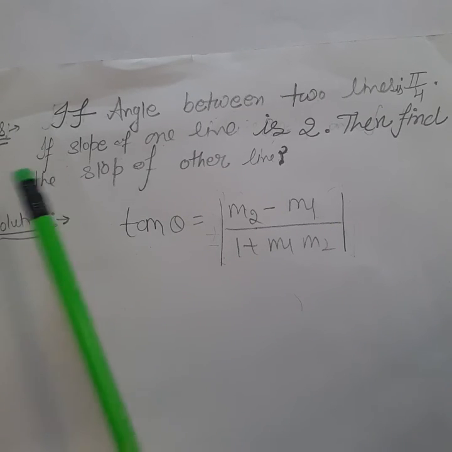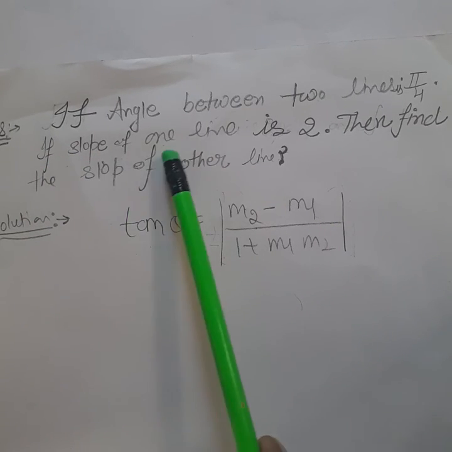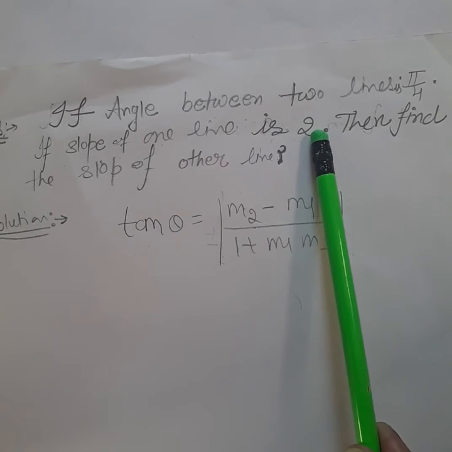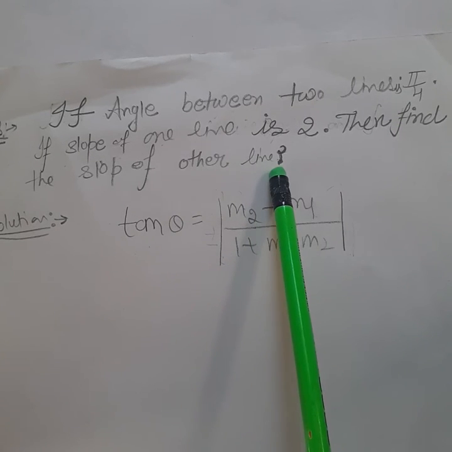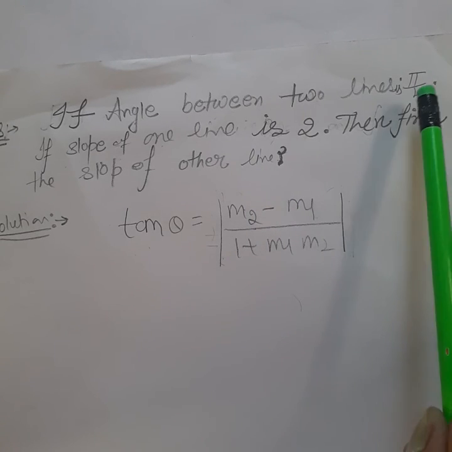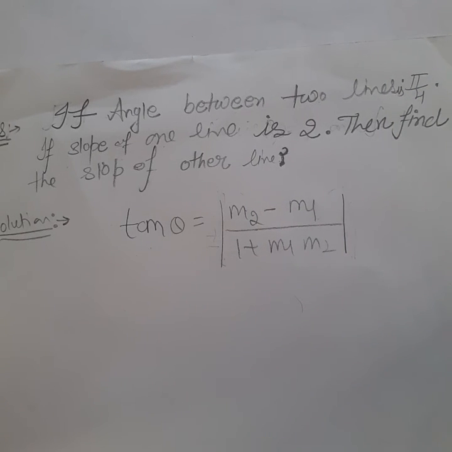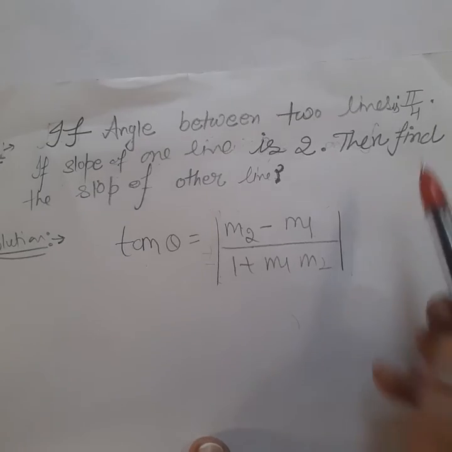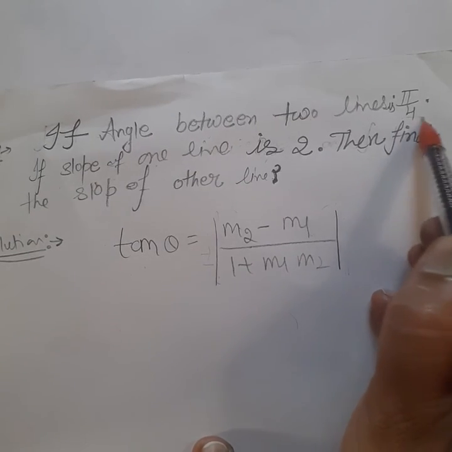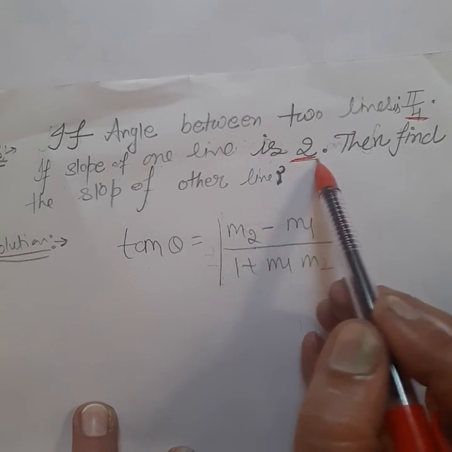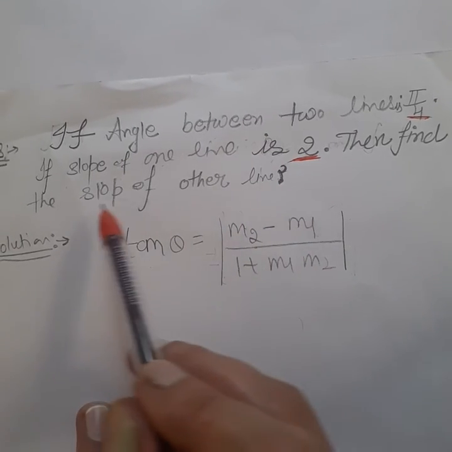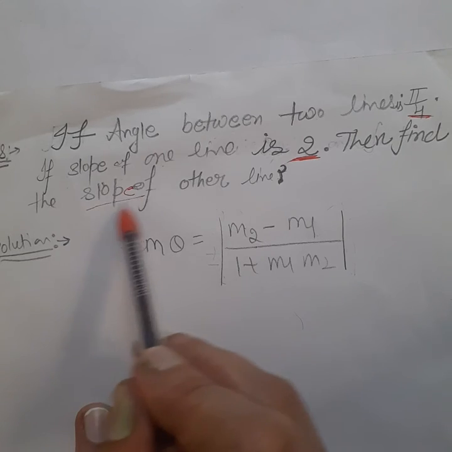Now the next question is: if the slope of one line is 2, meaning we are given one of the slopes, maybe m1 or m2, and we have to find the slope of the other line, and we are given the angle. You can see that the angle between the lines is pi by 4, and the slope of one line is 2, and we have to find the slope of the other line.